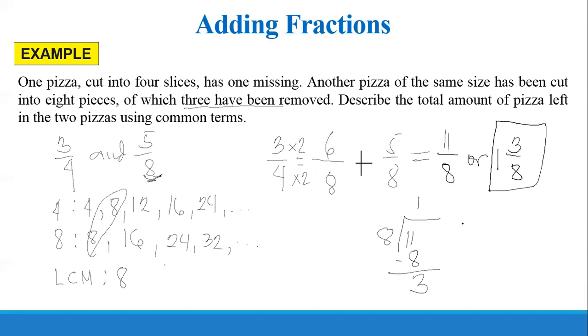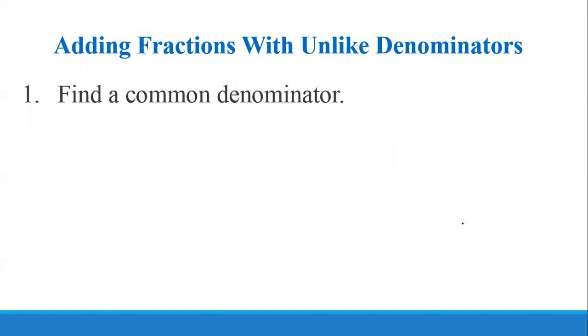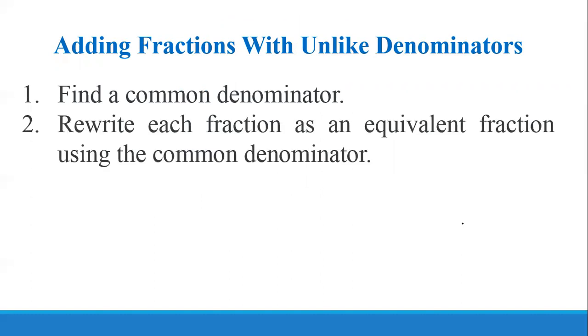And so to add fractions with unlike denominators, what are we going to do first? Rewrite them with like denominators. Okay? Rewrite them with like denominators. Then add or subtract the numerators over the common denominators. Alright. So adding fractions with unlike denominators. First one is find the common denominator. 2.